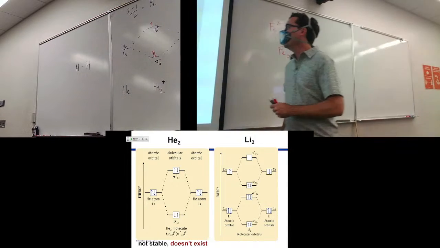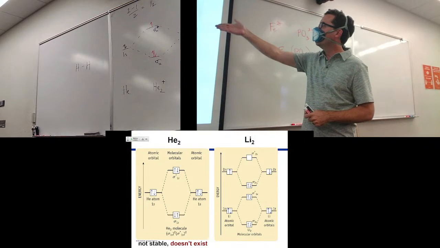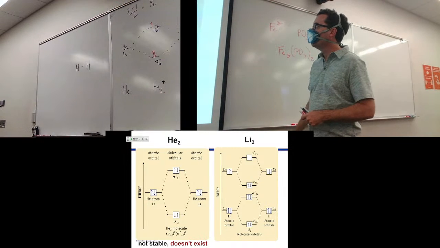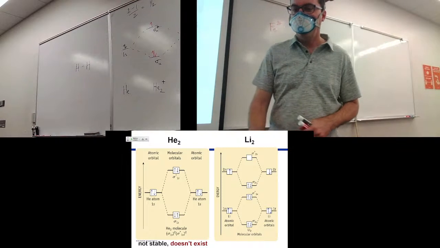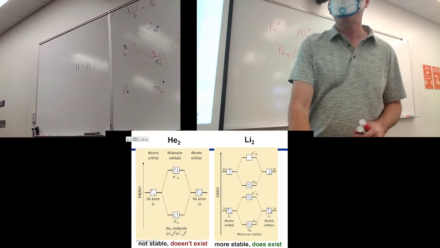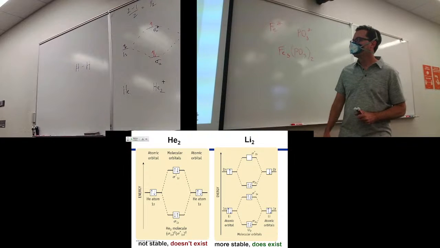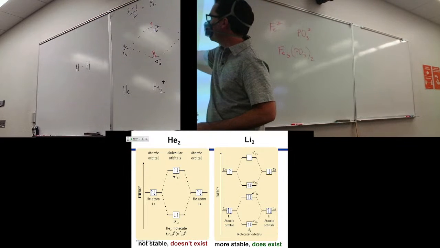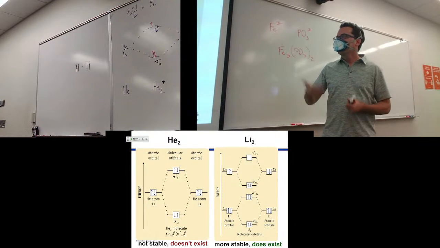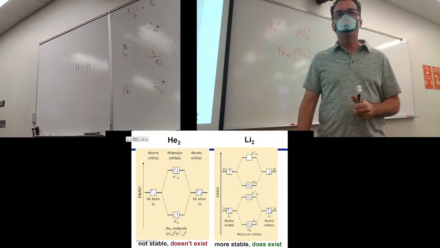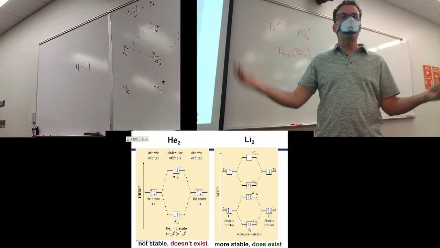So that works. But anyway, 3 electrons each, 6 electrons total. And you get a bond order of 1 if you calculate it. So 4 minus 2 divided by 2 gives you bond order 1. So this mythical lithium-2 molecule could exist.